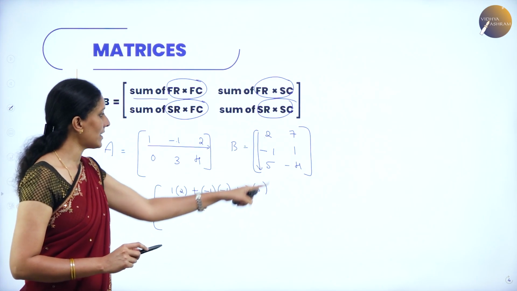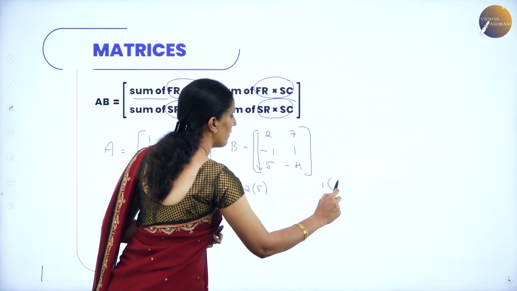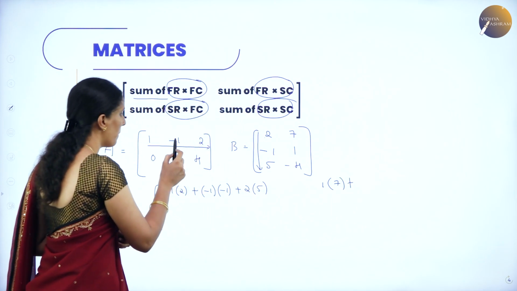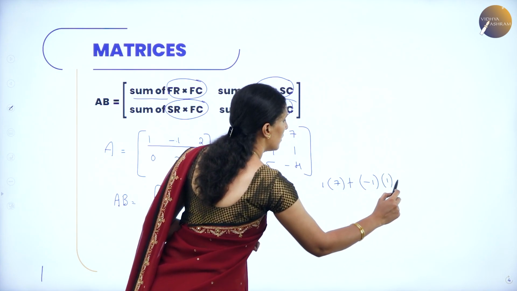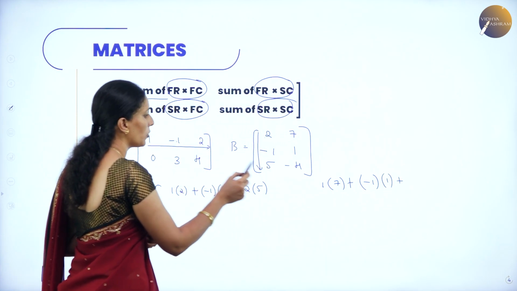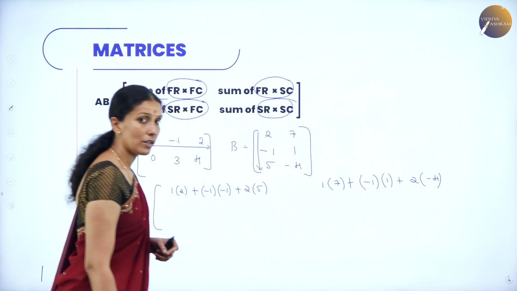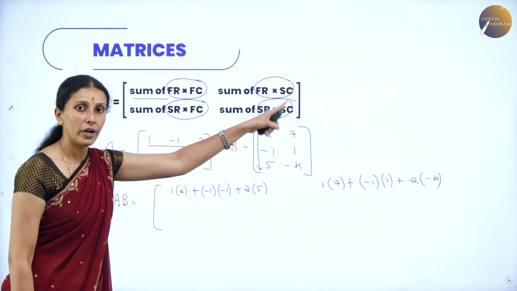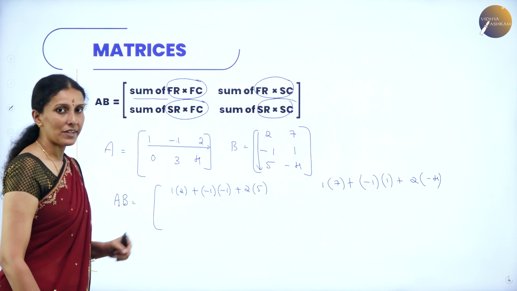Let's take first row and second column. So first row, second column means it is 1 into 7, plus minus 1 into 1, plus the last element 2 with 4, so 2 into minus 4. Now this is done, that is the sum of first row into second column elements. Next, we take the sum of second row, first column elements.